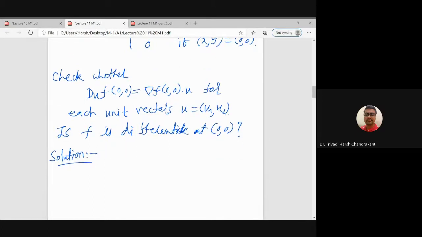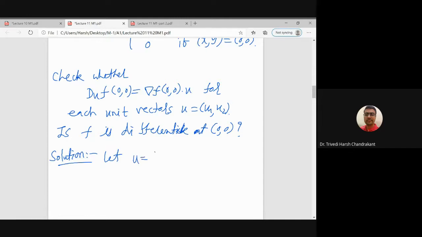So what we will do is start with the definition of the directional derivative, and substitute the function in that definition, and we will see what happens.